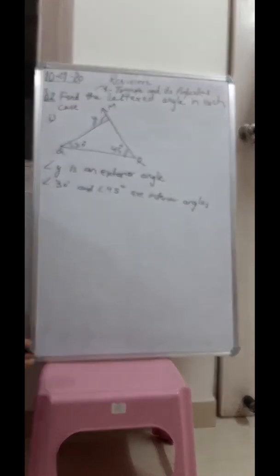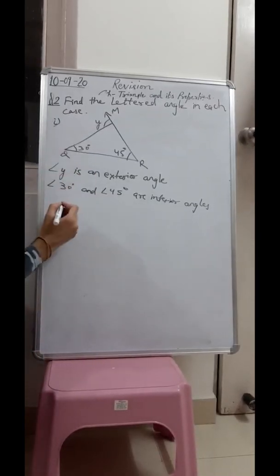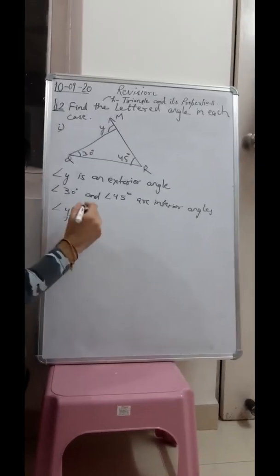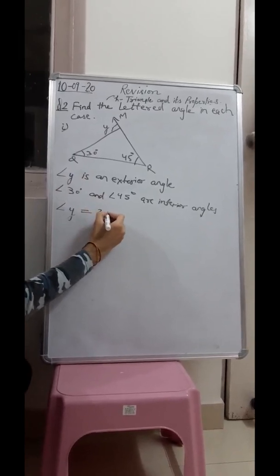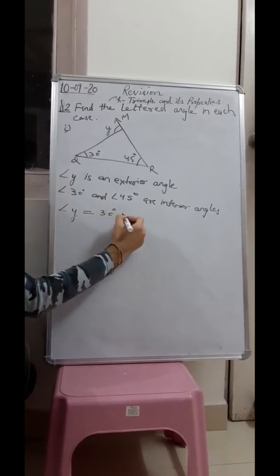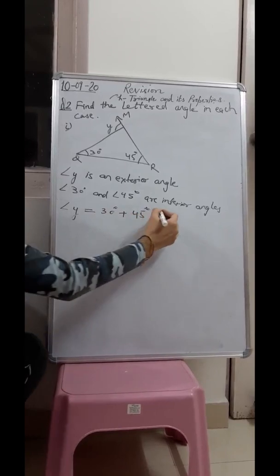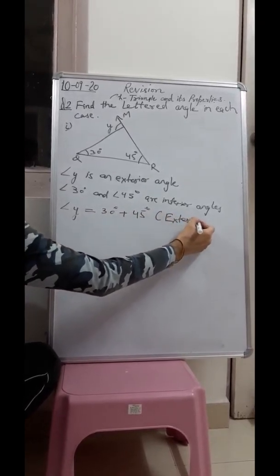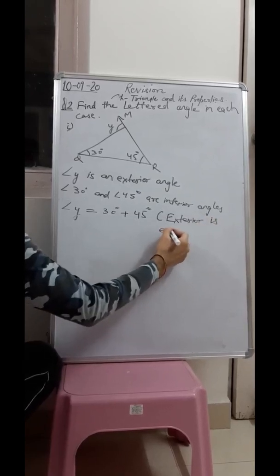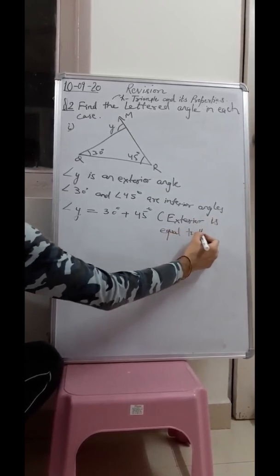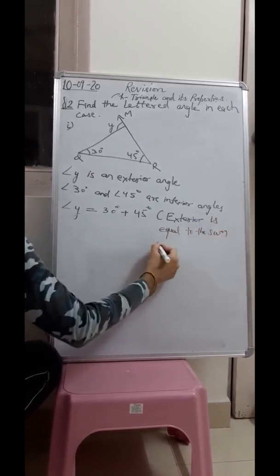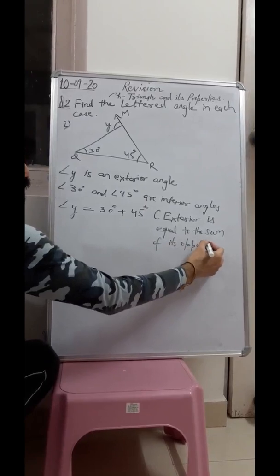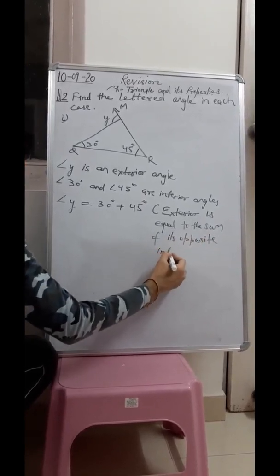So according to the property, we can say that angle Y will be equal to the sum of opposite interior angles, that is 30 degree plus 45 degree. So the property name is: exterior angle is equal to the sum of its opposite interior angles.